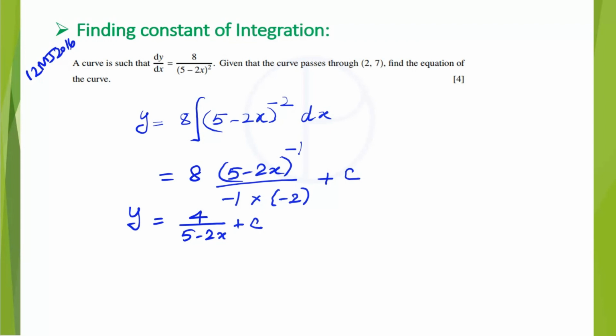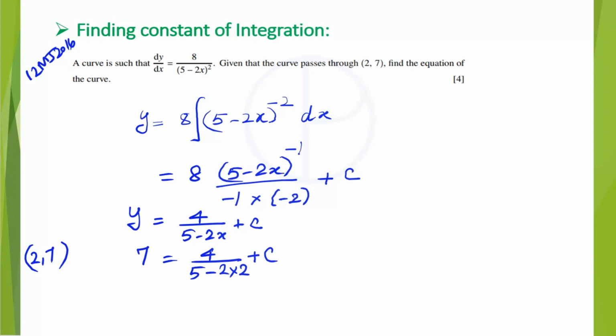So the coordinate point is given as (2, 7). Substitute here, you will get 7 is equal to 4 divided by (5 minus 2 multiplied by 2). So 4 divided by 5 minus 4, which is 1.